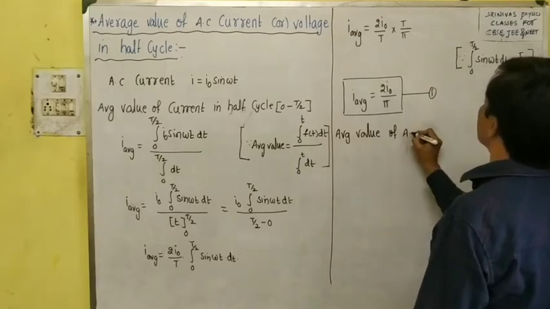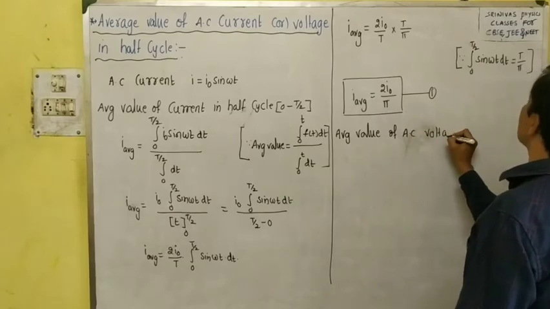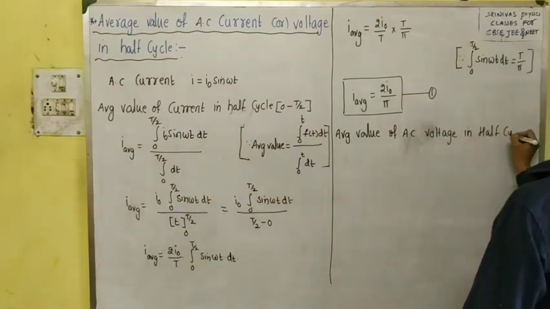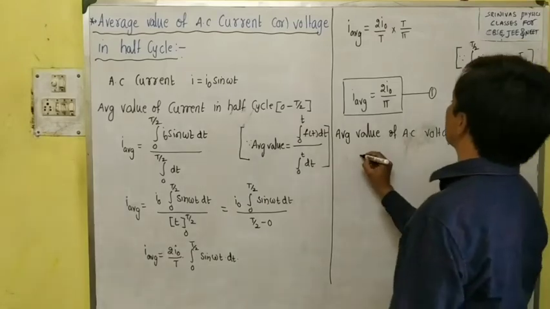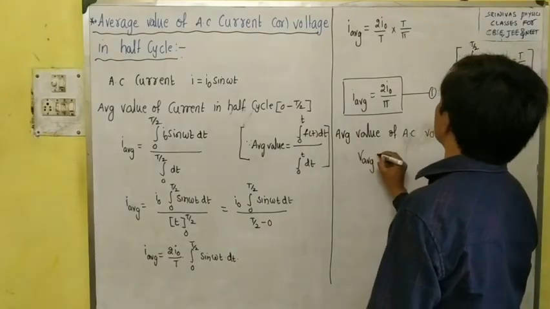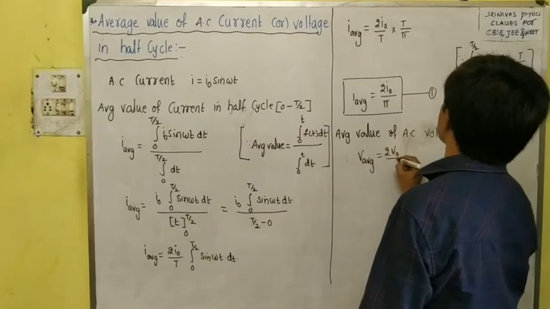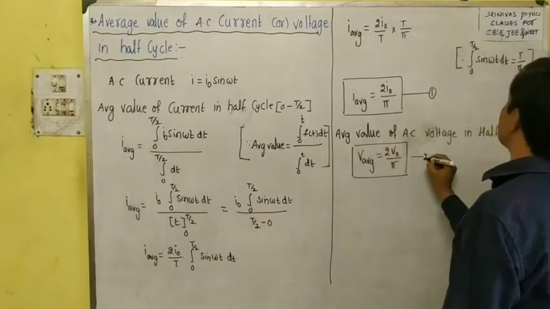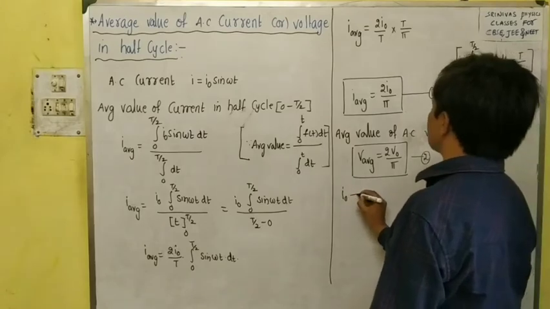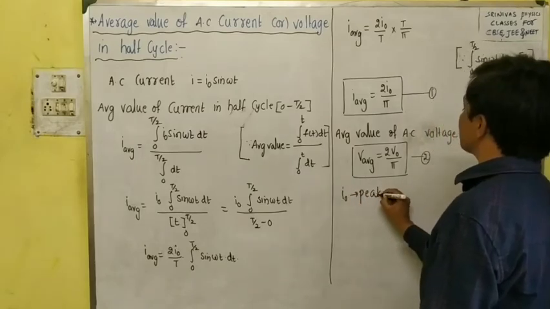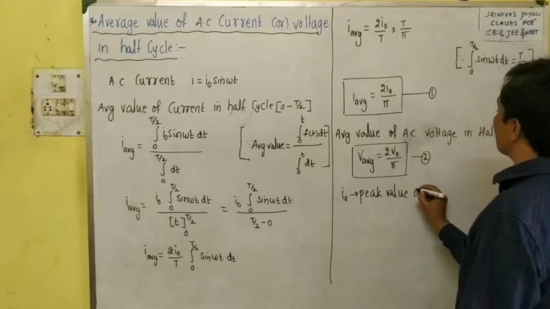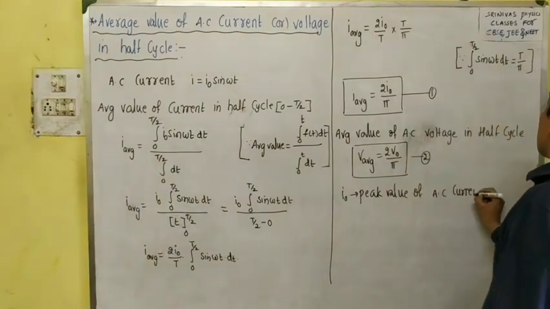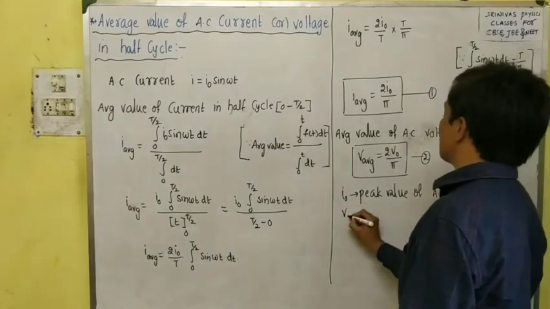Average value of AC voltage in half cycle we write as 2 V naught by pi. This is the formula. What are I naught and V naught? I naught is the peak value of current, peak meaning maximum. V naught is the peak value of AC voltage.